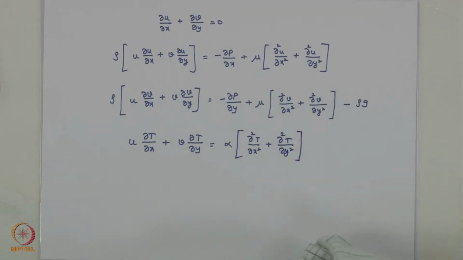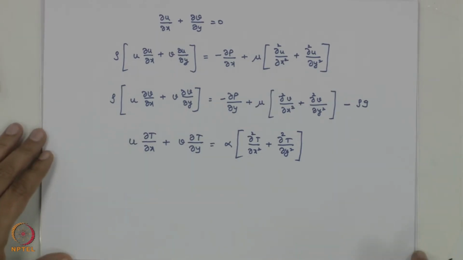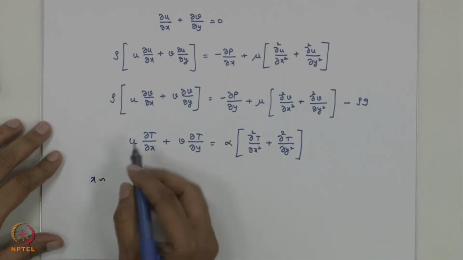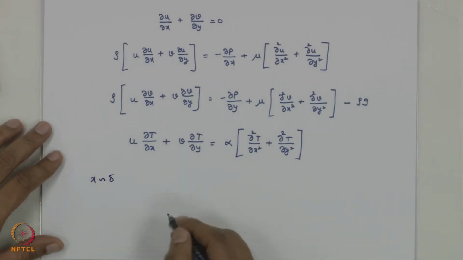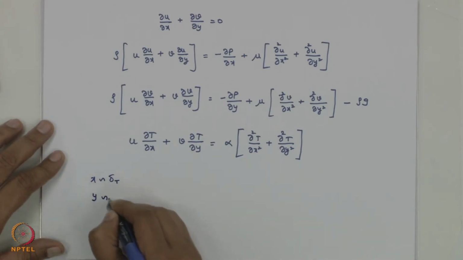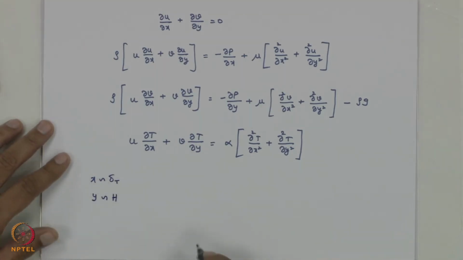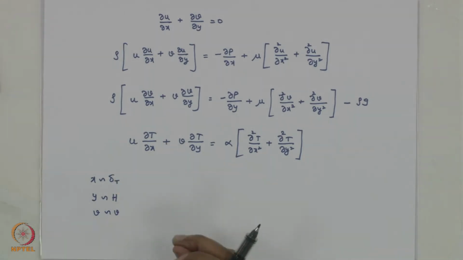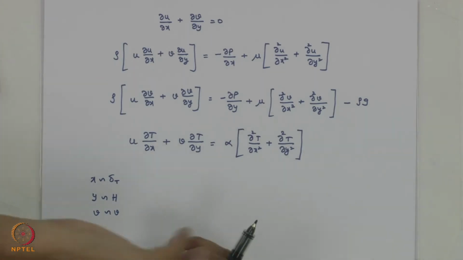Okay, so now let's try to do the scale analysis. x is of the order of delta T, that is the thermal boundary layer thickness, and y is of the order of the height of the plate, h, and for velocity, let's take it as v only, because the vertical velocity will be higher than the horizontal velocity, unlike our external flow over a horizontal plate in forced convection.